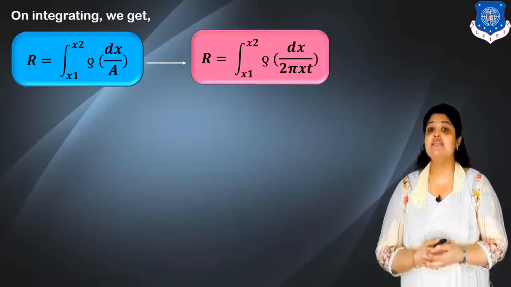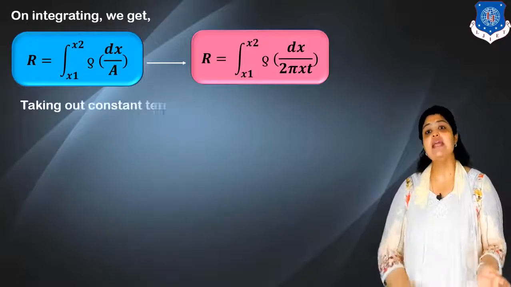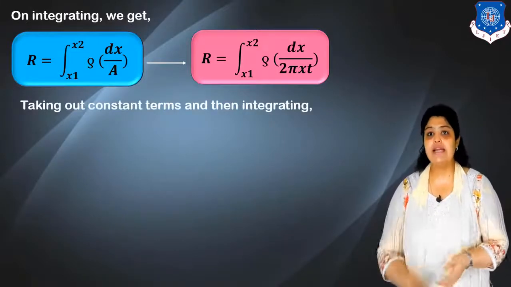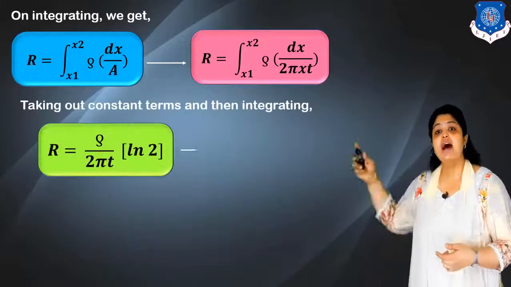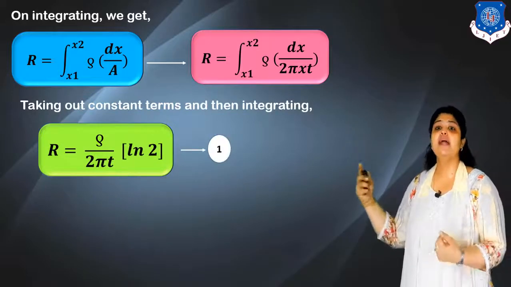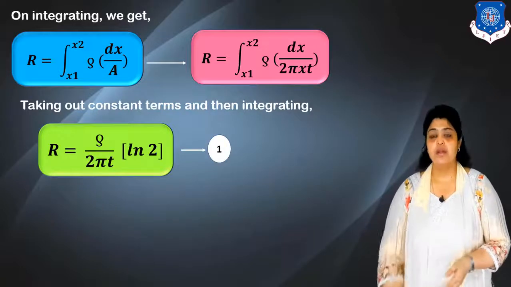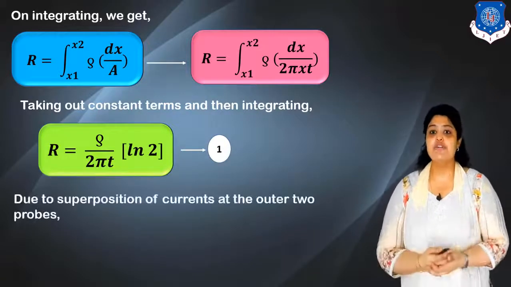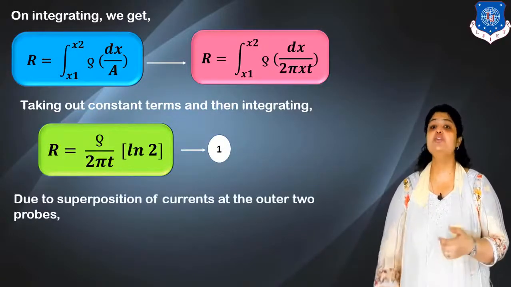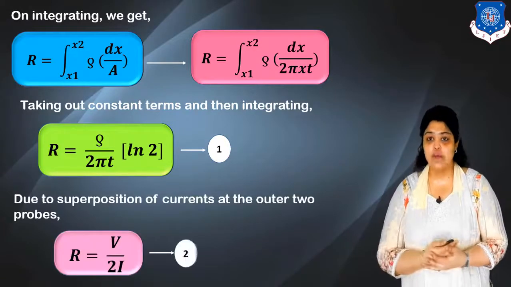The integration gives us ln x. So taking out all the constant terms and then integrating, we get the answer as r is equals to rho upon 2 pi t into ln 2. This is our equation number 1. Again, we have superposition of currents at the outer two probes, and so we get the equation r is equals to v upon 2I.